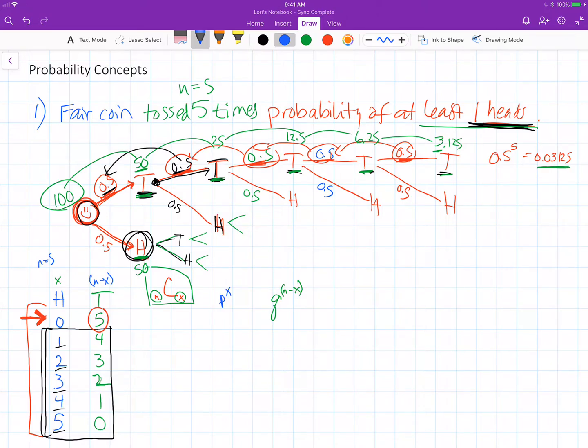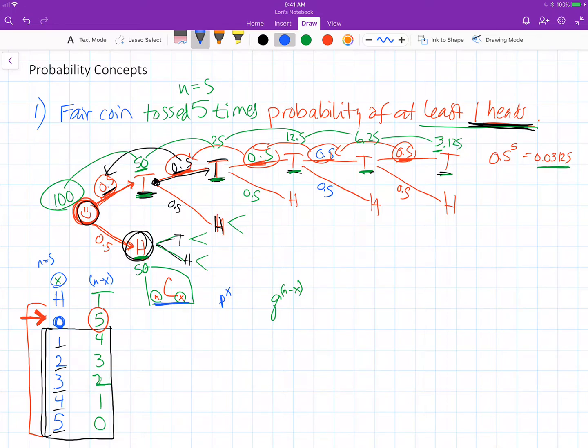So here we have x, and in this first row, I didn't get heads at all. And so the way we calculate that, we could actually calculate out this choose coefficient for all of these situations. That's beyond what we're covering in this video.